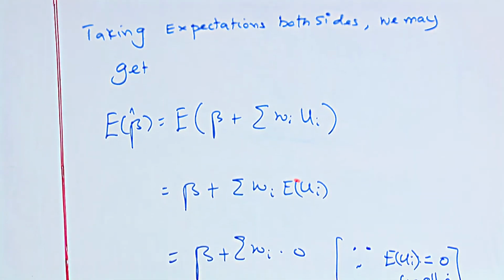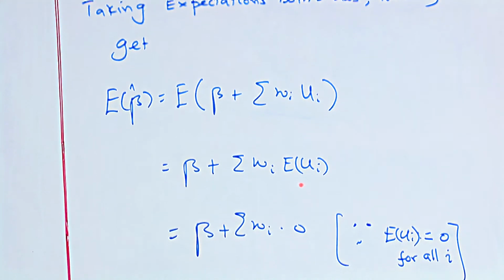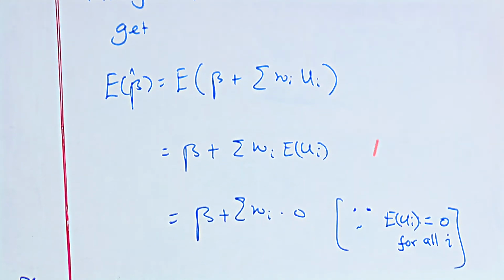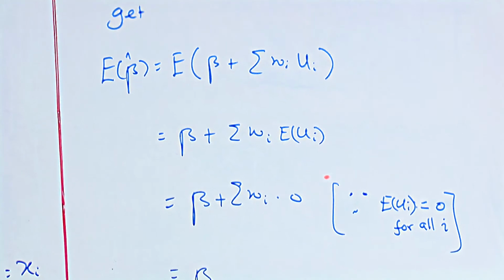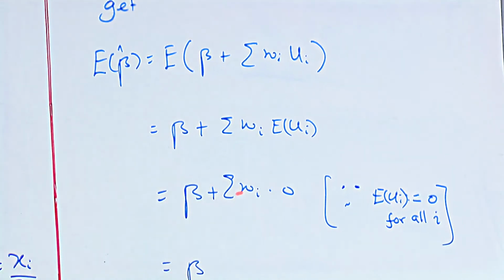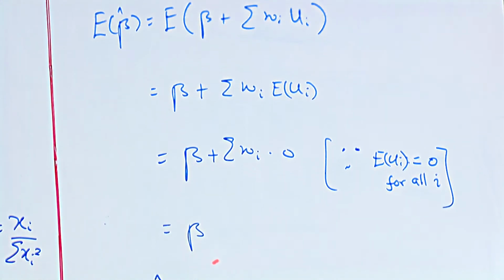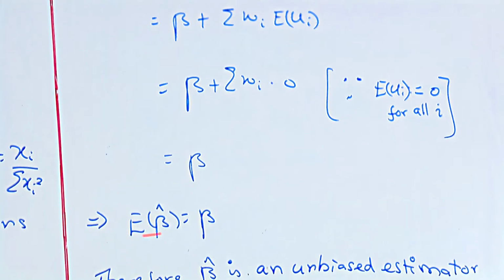We already know from the OLS assumption that expectation of ui is equal to 0 for all i's. So this term becomes 0, and we get expectation of beta hat is equal to beta.